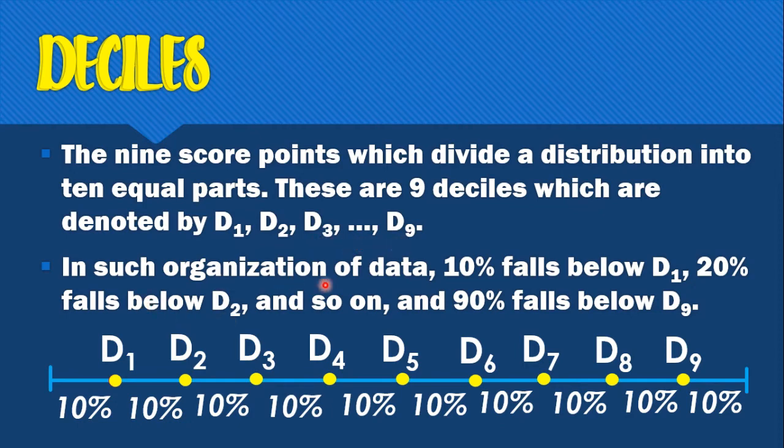In such organization of data, 10% falls below d sub 1, 20% falls below d sub 2, and so on, and 90% falls below d sub 9. So using this graphical representation, for our d sub 1 or the first decile, we have 10% of the data is less than or equal to d sub 1, and so on.